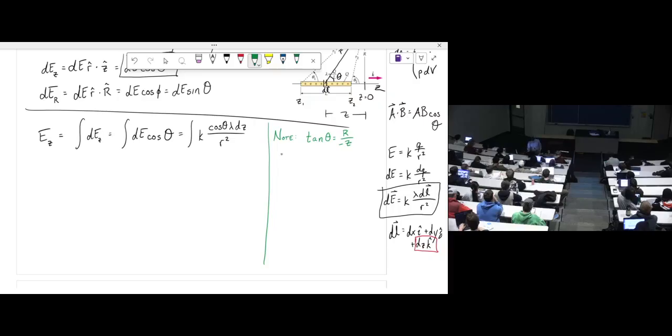And the reason we do that is because z is going to be equal to minus r over tan theta. And dz is going to be equal to minus r times the cosecant squared of theta d theta. So now we have a way to solve for dz.